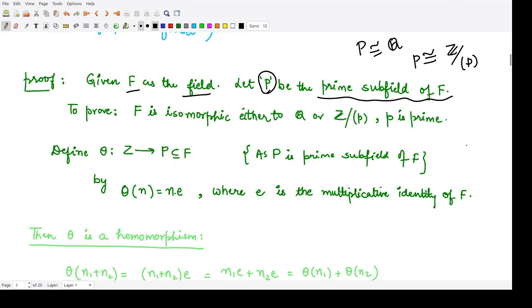We have to prove F is isomorphic either to Q or to the integers modulo P, where P is a prime number.